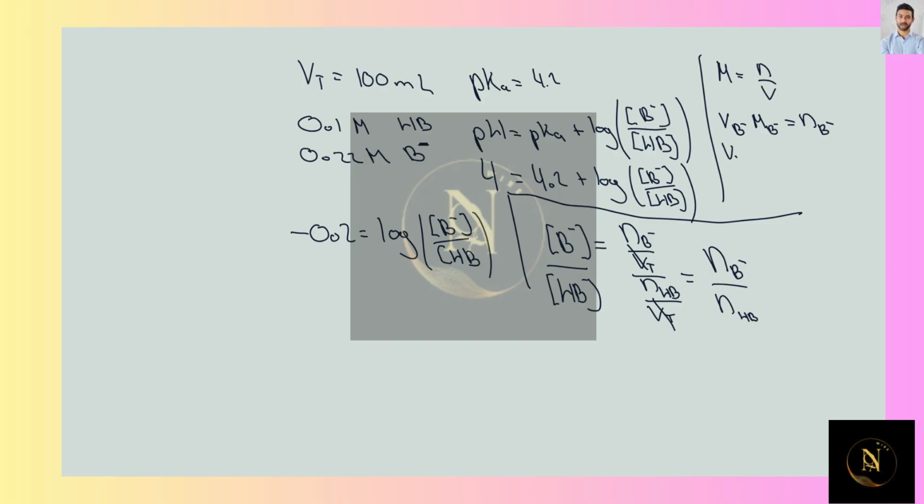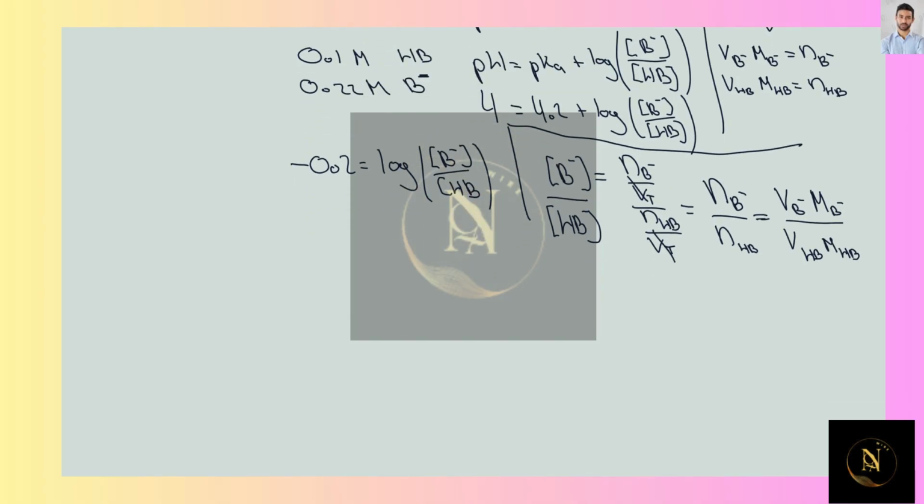And we can write down the same equation for benzoic acid. Replacing those equations over here, we get volume of B minus times molarity of B minus, meaning the benzoate, divided by volume of benzoic acid times the molarity of benzoic acid.